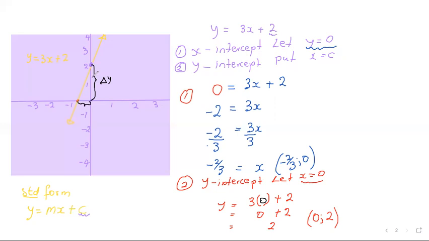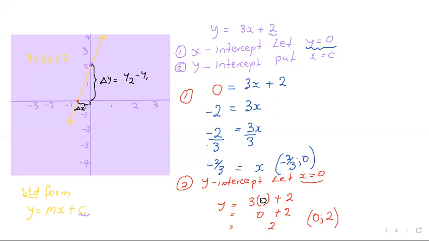And this is the rise. And that will be the run. That will be the rise. That will be the run. This will give you a change in x. If you remember, we said the change in y is equal to y2 minus y1.